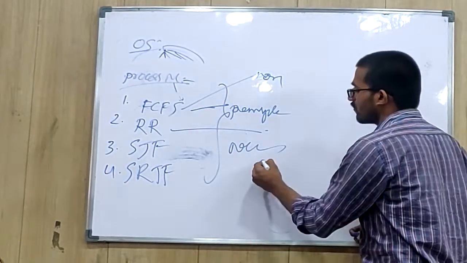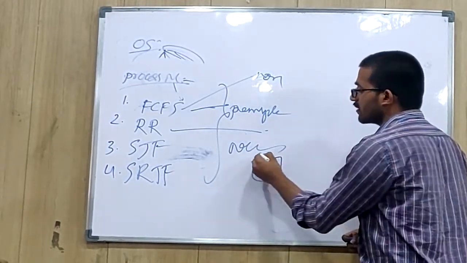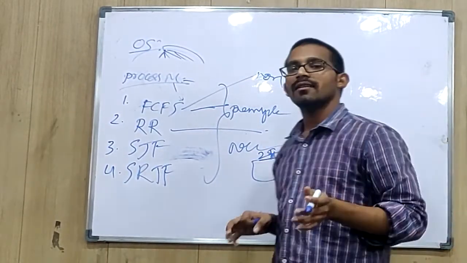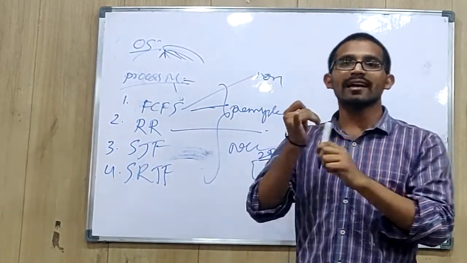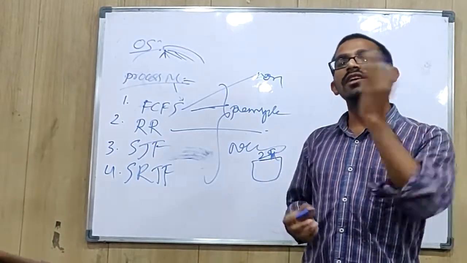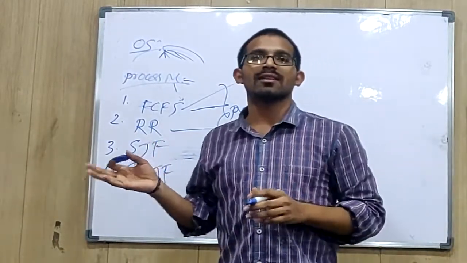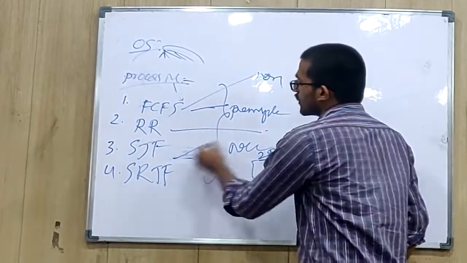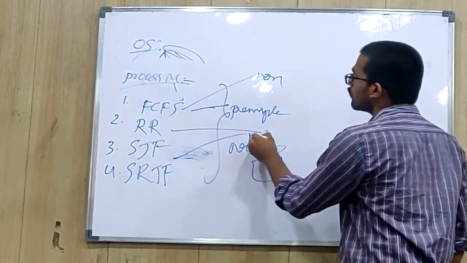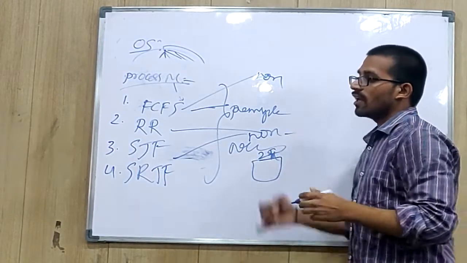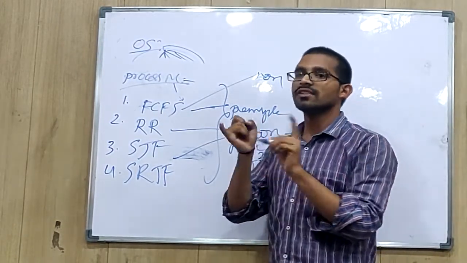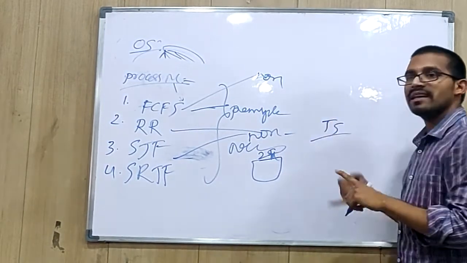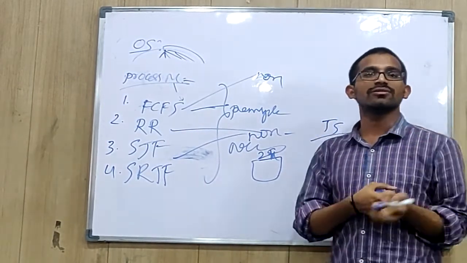There is a time slice, like 2 seconds. Every process will execute for 2 seconds. After that, it will give a chance to the next process. Likewise, the process goes around. Shortest job first is also non-preemptive. Shortest job means how many seconds or milliseconds it is going to take to execute.